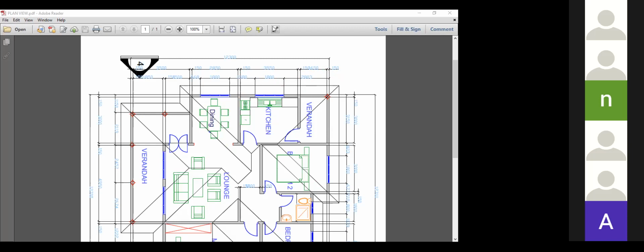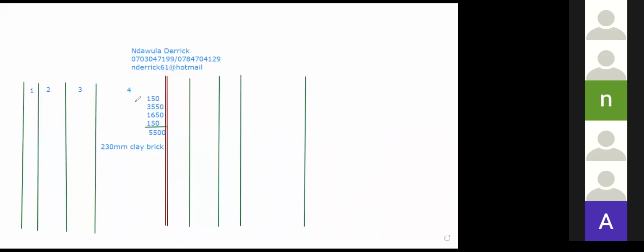Your waste work needs to be shown and your waste work needs to be clear, so that somebody who is going over your work can be able to understand. For example, what I have here is 150, 3550, 1650.